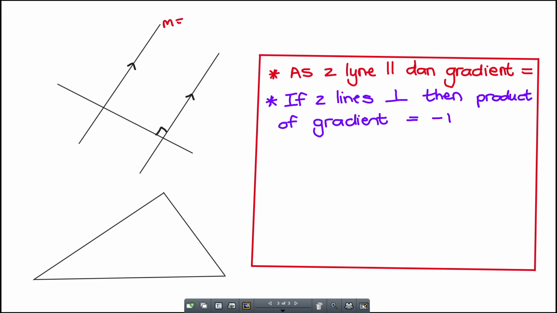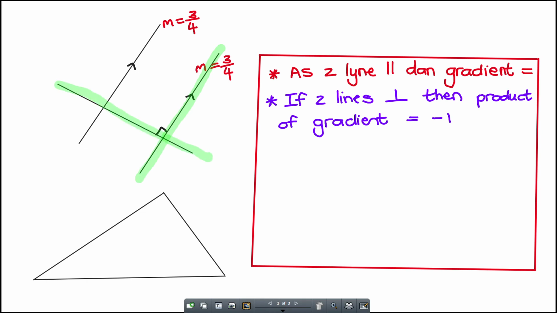Gradient here is 3/4. Because that one's gradient is 3/4, it means that this one's gradient will also be 3/4. Okay, now, can you see that that line is perpendicular to this one?